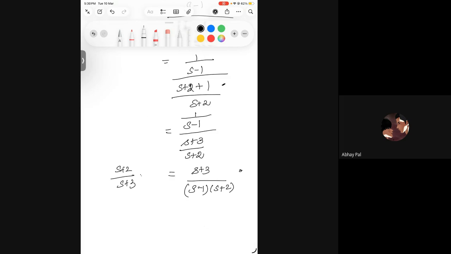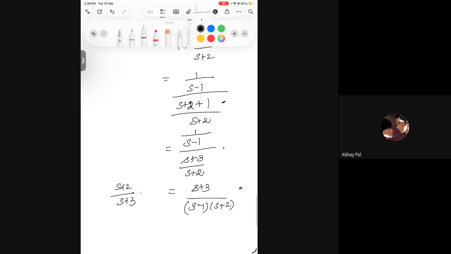Please give me 1 minute. See the second last step and the last step. It should be S plus 2 divided by S minus 1 plus S plus 3. Is it right? Yes, ma'am, right. Okay, fine.